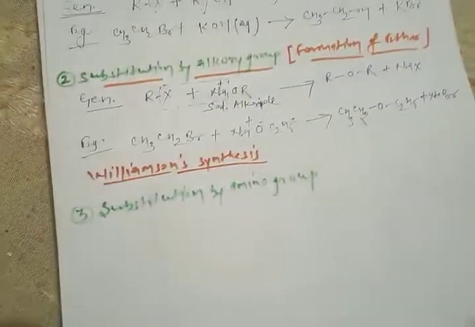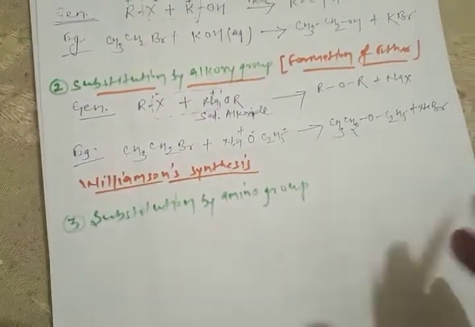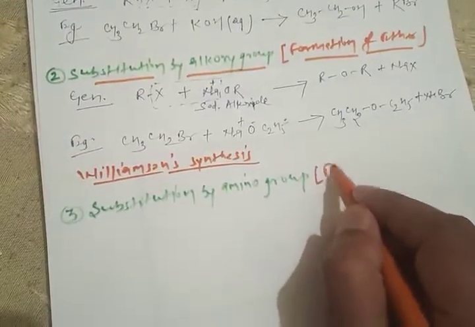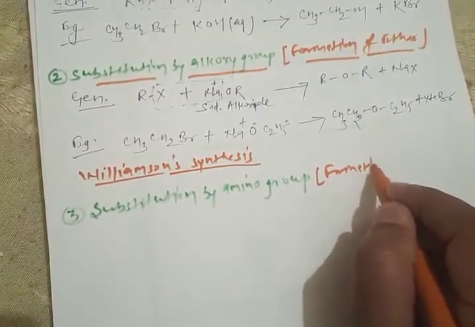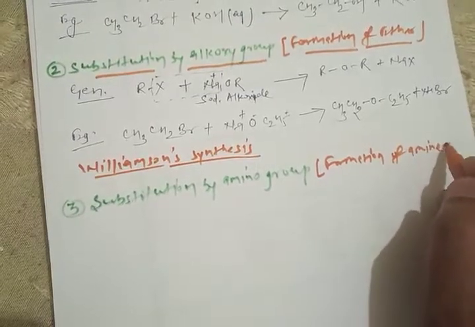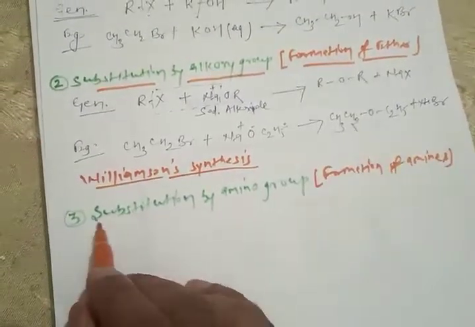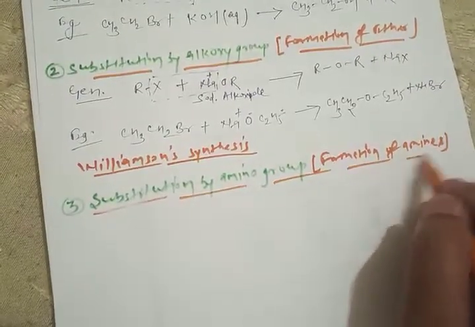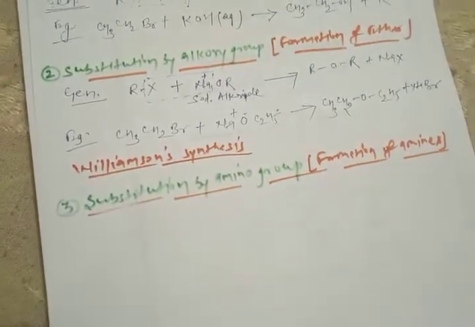When we substitute the amino group, what will we get? We'll get amine. So here I'm writing formation of amines. Okay, so this is the third reaction. Substitution by amino group will give you amine.